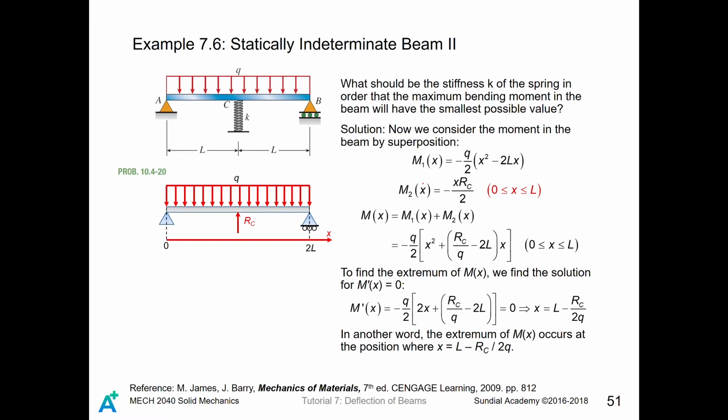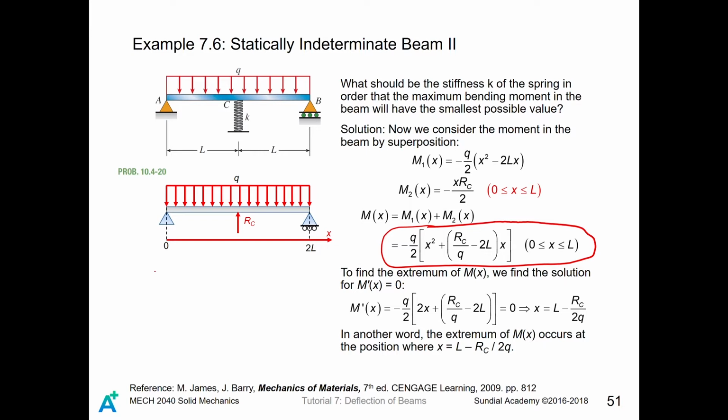So we got M1, which is the moment caused by the distributed load, as well as M2, which is caused by the spring load RC acting upward on the beam. So the total moment inside the beam is given by M1(x) plus M2(x), and you add them together, and you can write it in this way.